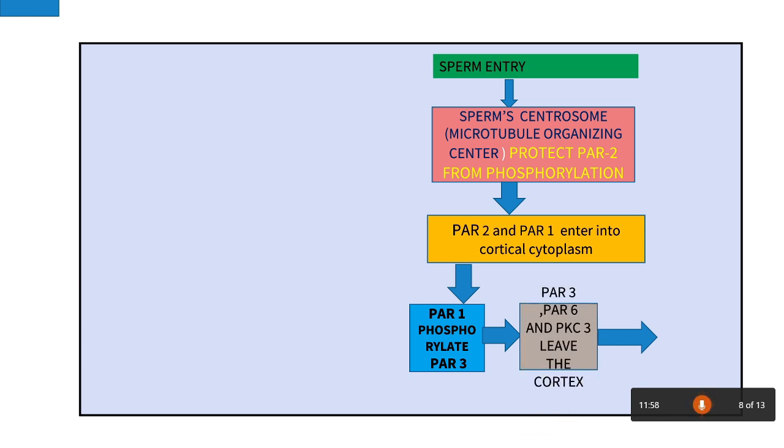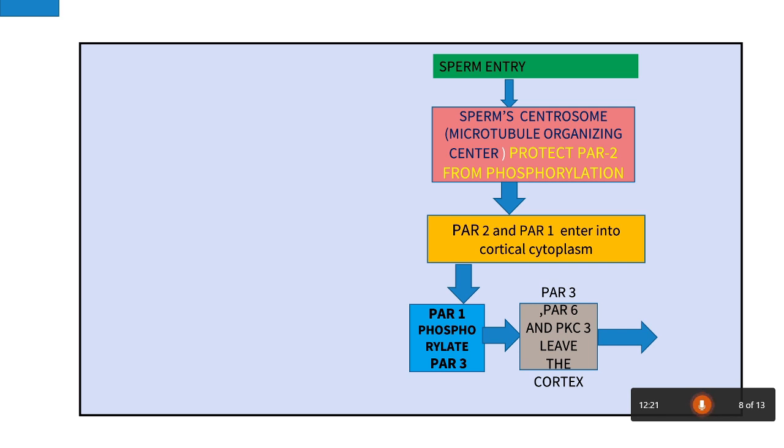Then PAR3, PAR6 and PKC3 leave the cortex because Rho-GEF is inactive, so Rho-GTP cannot be formed. Then actin-myosin depolymerization occurs, and that cytoskeletal tension is no longer present.